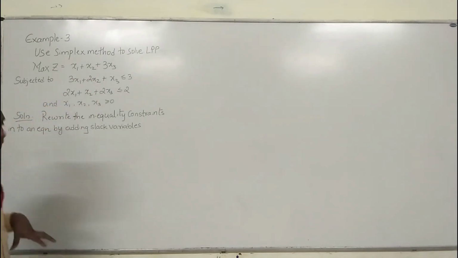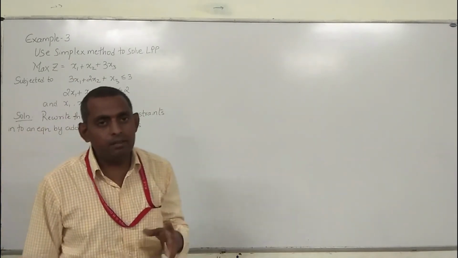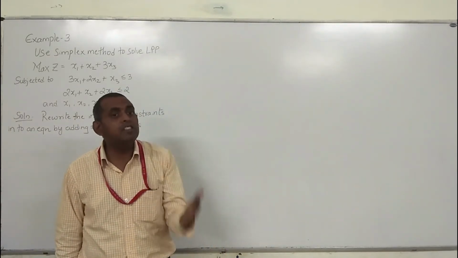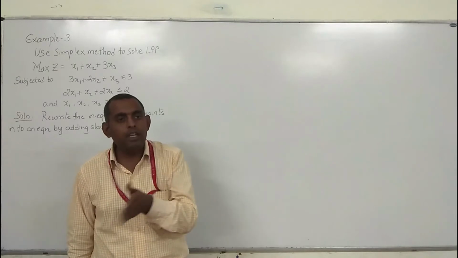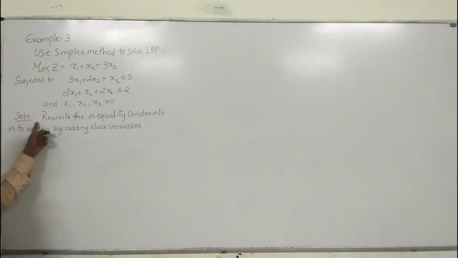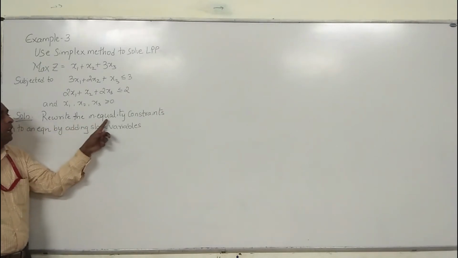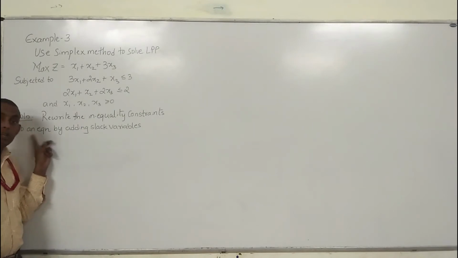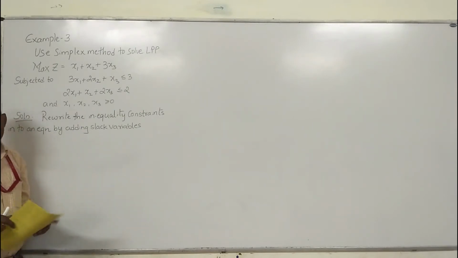Fine. So first of all, we have to think about whether the given problem is in standard form or not. If it is not in standard form, we need to convert the given LPP into the standard form. To do that, rewrite the inequality constraints, that is, these are all the inequality constraints, into equations by adding slack variables.